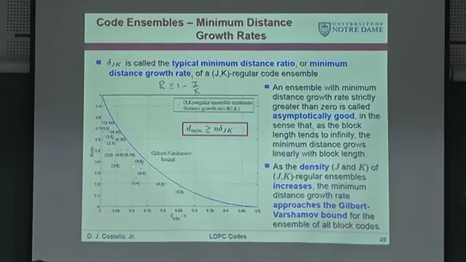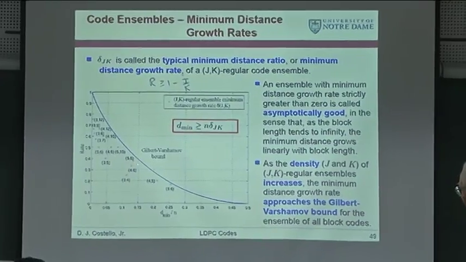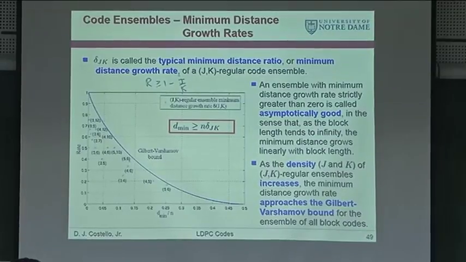Asymptotically good. Pardon? Asymptotically good. He's asking what is meant by asymptotically good. Oh, that's what I just said: that you have this property that the minimum distance grows linearly with n. Not every code has that, but all the JK code ensembles do. That's kind of built in, that's assumed when we draw a graph like this.